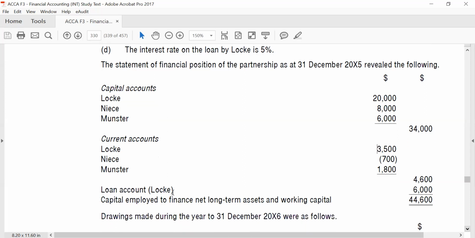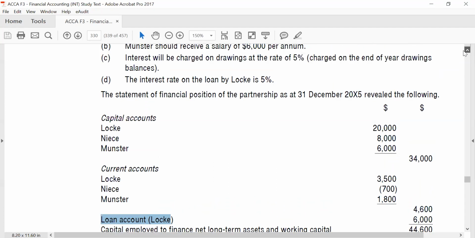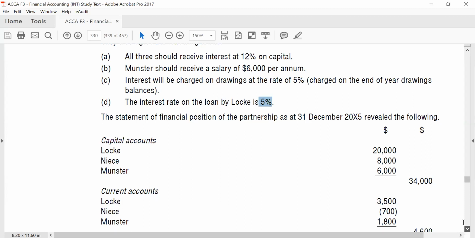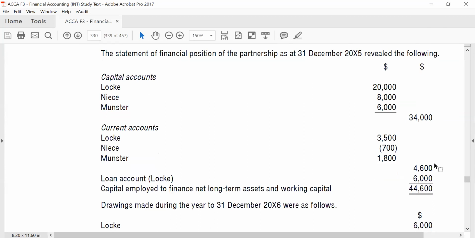And they have also told us that there is a loan account, Loki. Now remember, Loki gave us a loan. Interest on the loan by Loki is 5%. So the loan is 6,000.